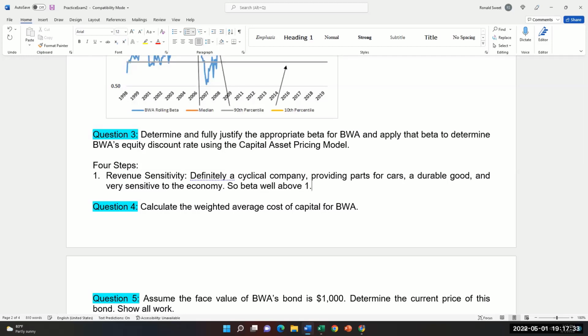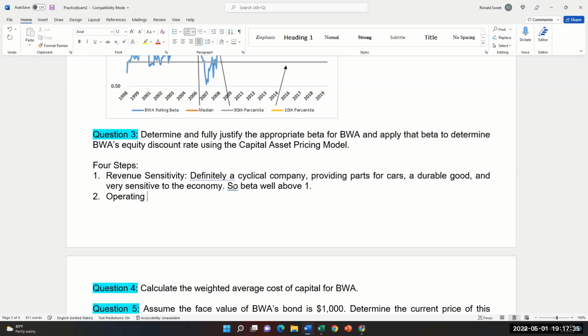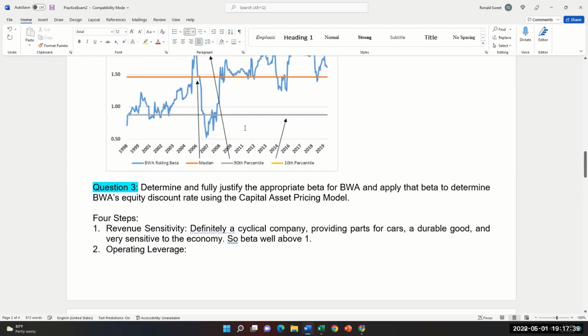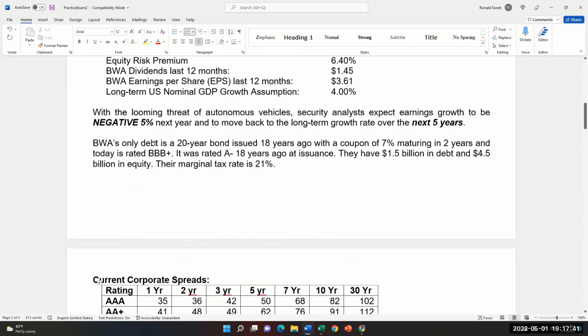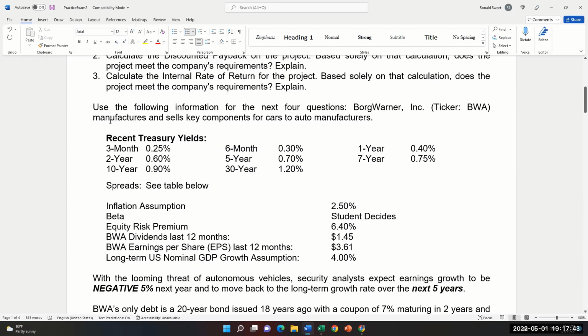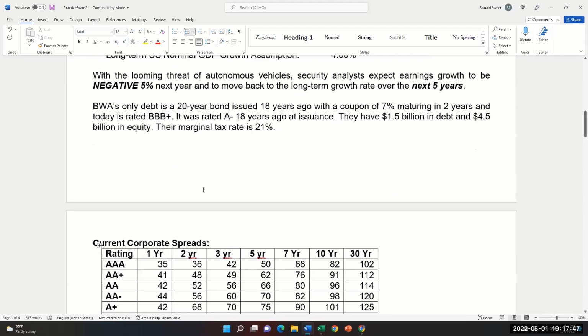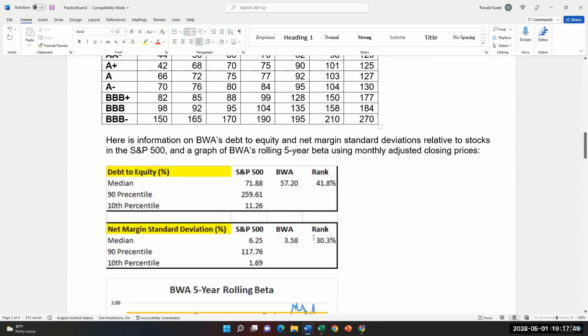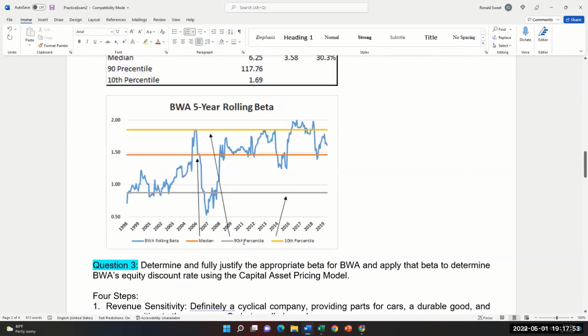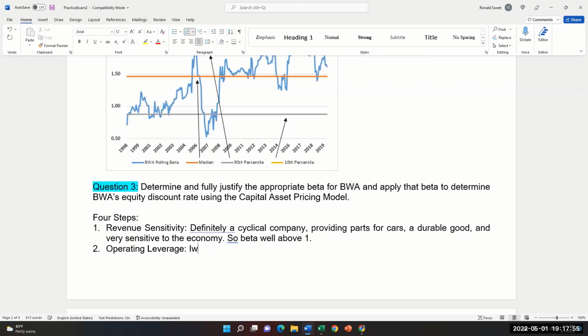All right. Number 2 is operating leverage. So here what we're going to say is look at their net margin. It actually ranks pretty well. They rank in the top 30%. Again, you have to just be logical.